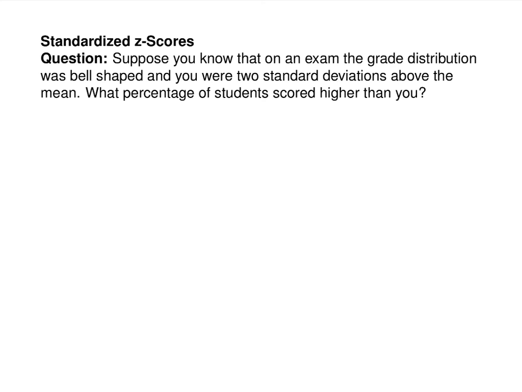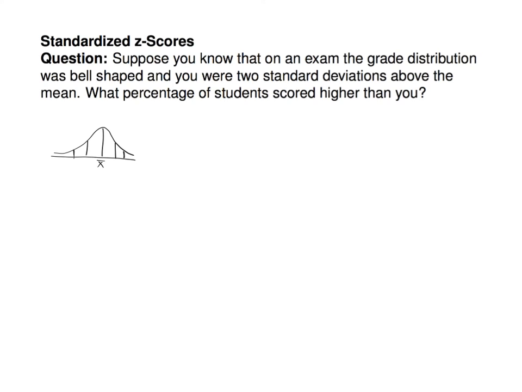So suppose you know that on an exam, the grade distribution was bell-shaped, and that you were 2 standard deviations above the mean. What percent of students scored higher than you? So bell-shaped curve, you have the mean, 1 standard deviation away, 2 standard deviations away.